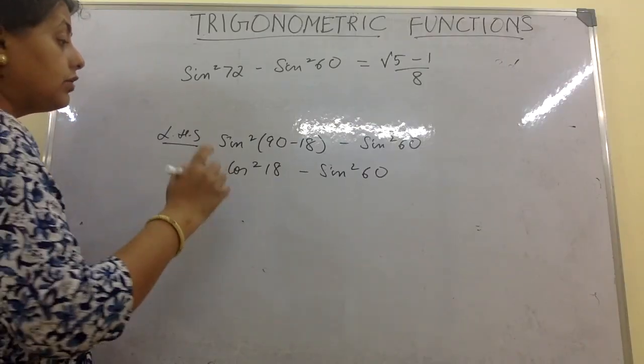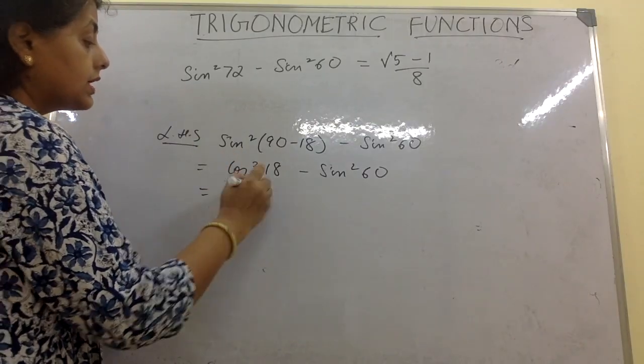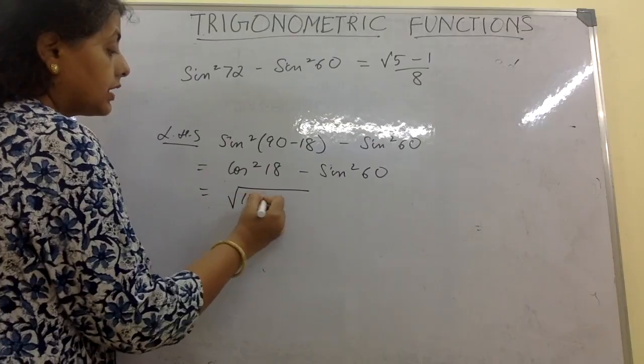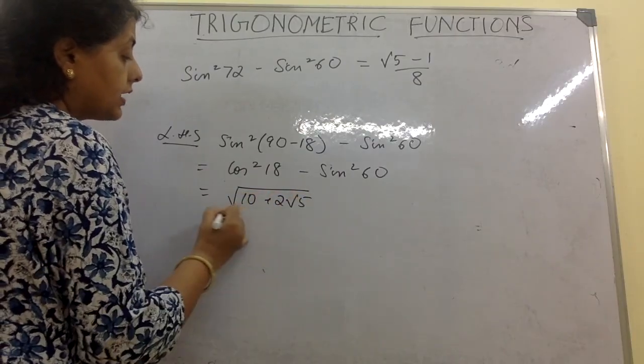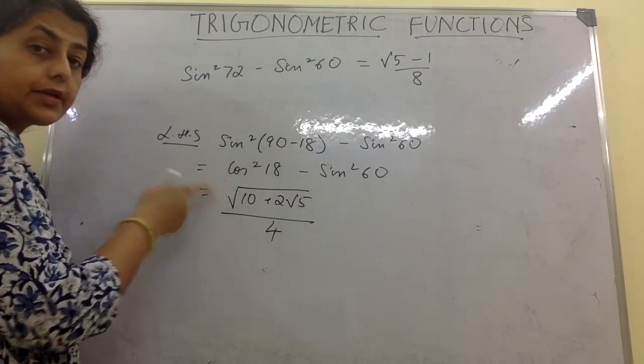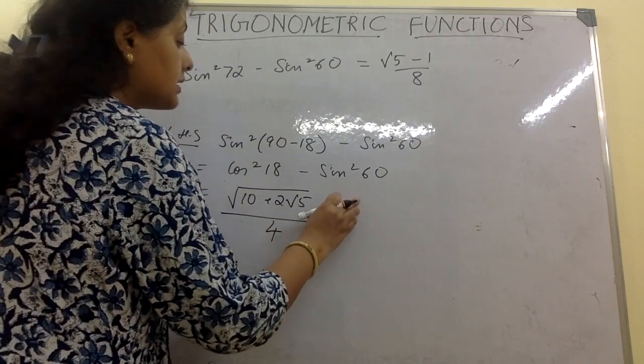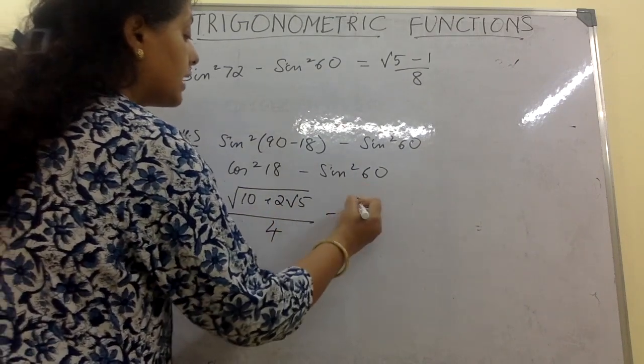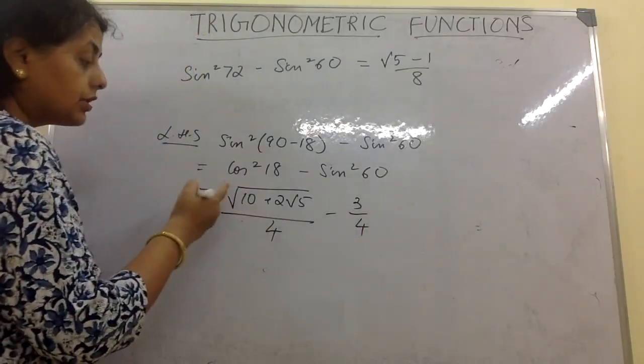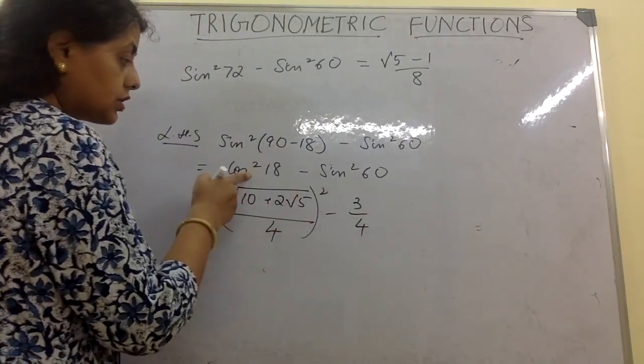Now the value of cos 18 is root over 10 plus 2 root 5 by 4. The root sign is only for the 10. Minus sine 60 is root 3 by 2, square of that is 3 by 4. Now here also we'll have to put a square because it is cos square.